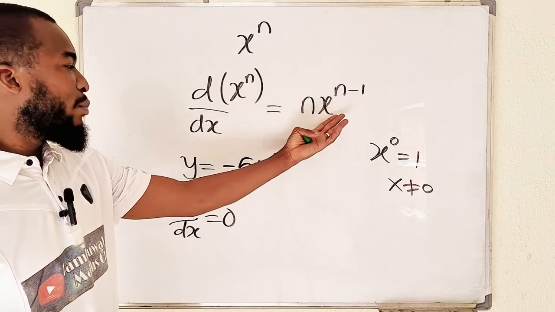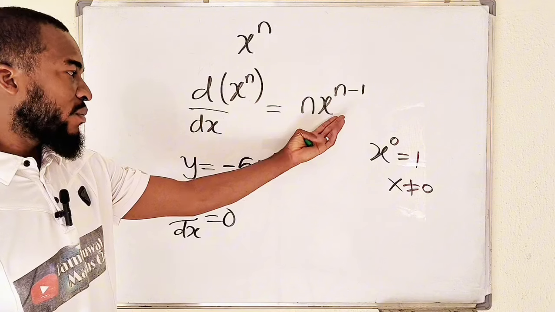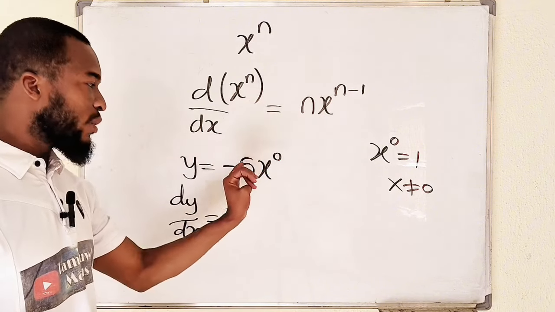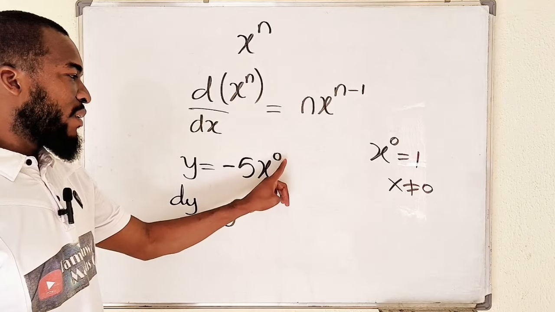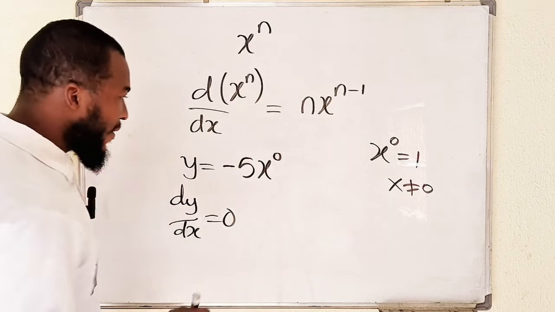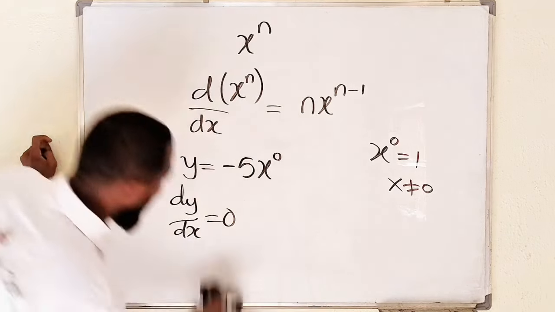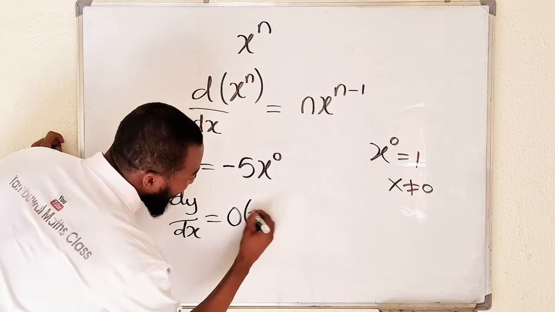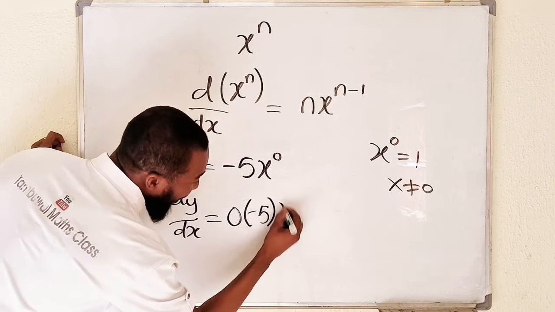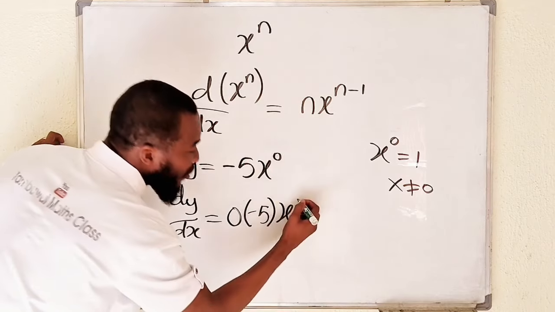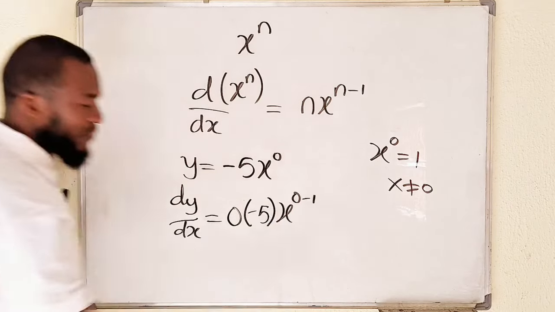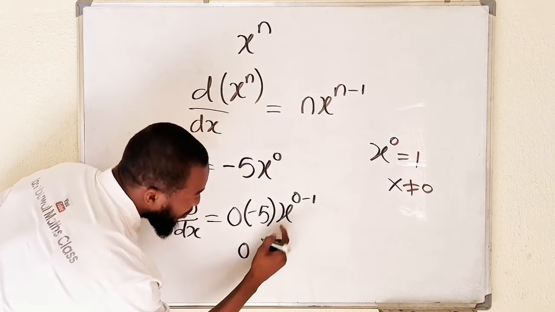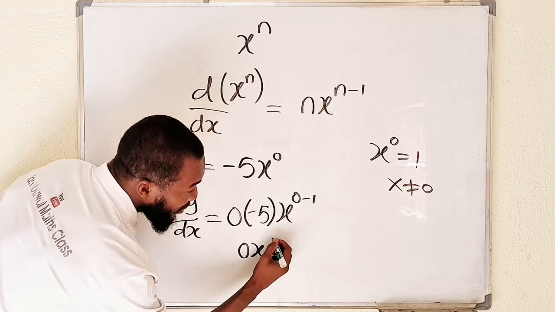So if you apply the same principle here, for which 0 here is equivalent to n, n will drop down to multiply. So the moment 0 multiplies negative 5, it becomes 0 times negative 5 times x raised to the power of n minus 1, 0 minus 1. So this will be 0 times x to the power of what?